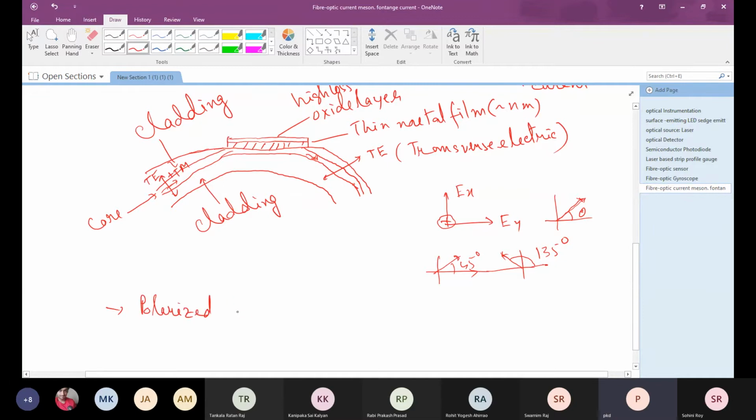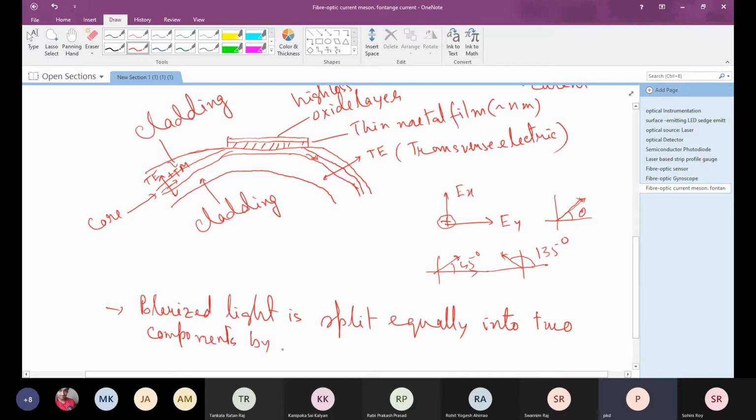So basically polarized light is split equally into two components by a non-polarizing coupler.